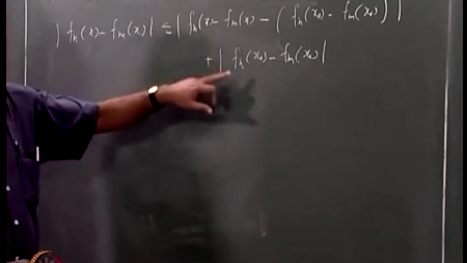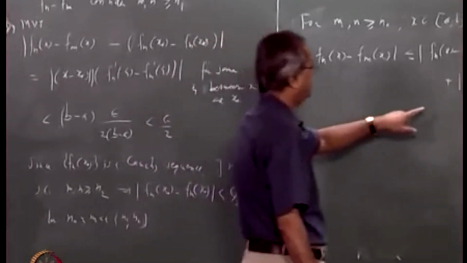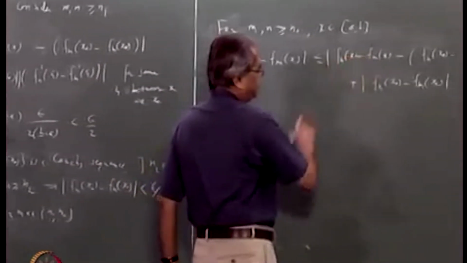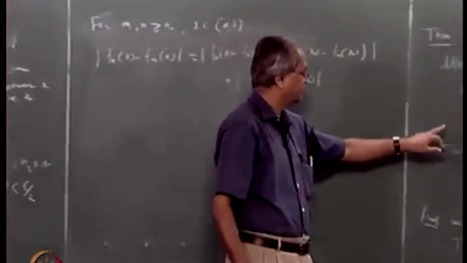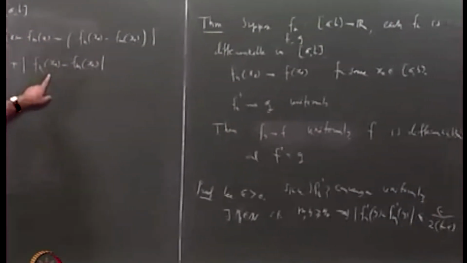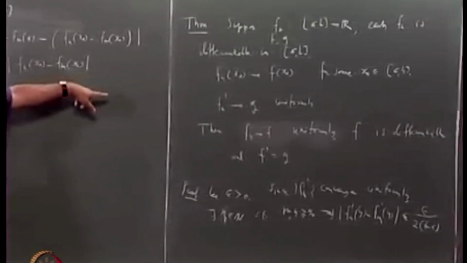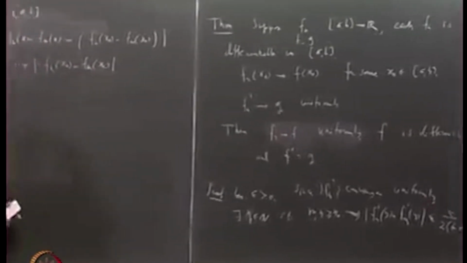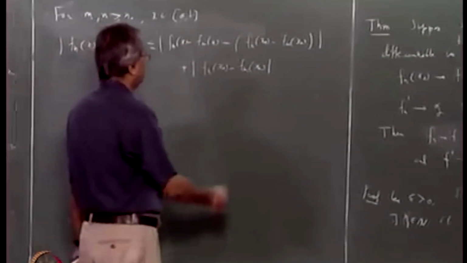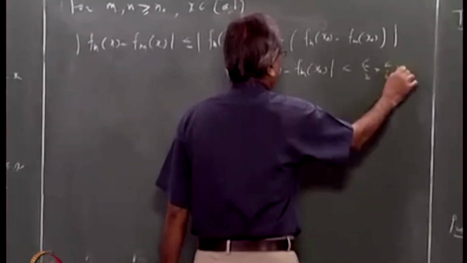Each of these is less than epsilon by 2. The first quantity is less than epsilon by 2 because of the second assumption, fn prime converges to g uniformly, and the second is less than epsilon by 2 because of the first assumption that fn x naught converges to f of x naught. So this is less than epsilon by 2 plus epsilon by 2, which is epsilon.